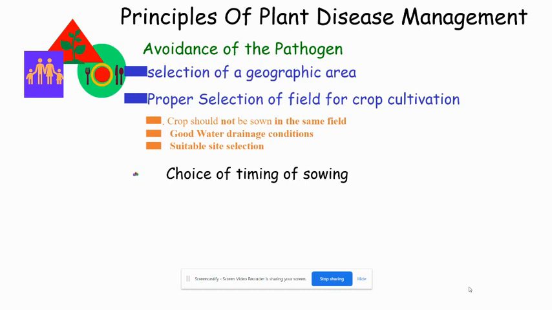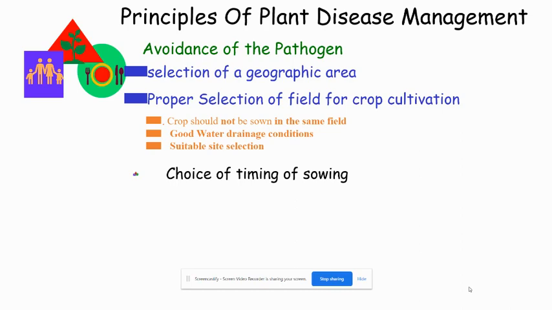Another important practice or strategy is the choice of time of sowing. By proper selection of time of sowing, we can reduce the occurrence of root rot of gram. If the gram is sown immediately after rains and high temperature, there are chances that gram plants will be affected by root rot diseases, because root rot disease is very common in high humidity.